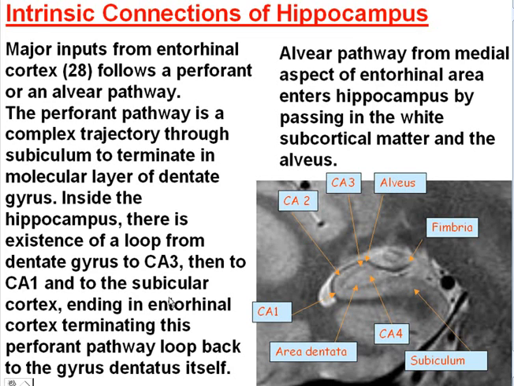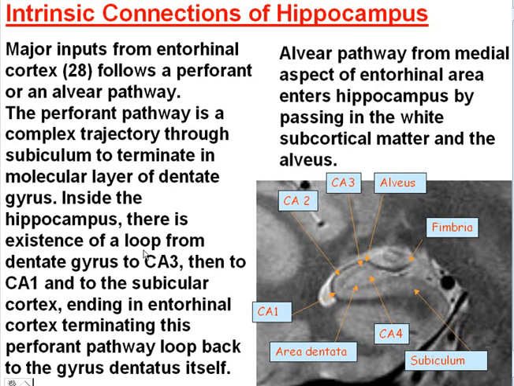The major input from the entorhinal cortex, Brodmann area 28, follows the perforant or alvear pathway. The perforant pathway goes through the subiculum to terminate in the molecular layer of the dentate gyrus.